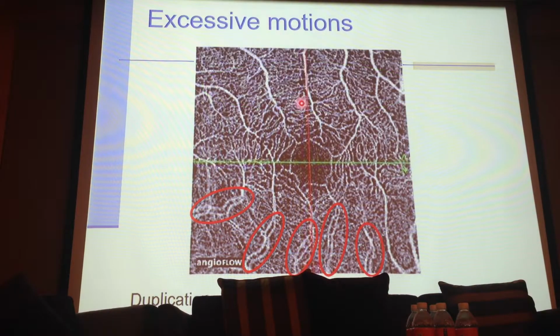And in a few cases, we can get an image like this. Duplication of vessels. Usually this comes from excessive motion. Motion is too much, so that's why the OCT is not able to combine these images correctly. That's why we have duplication.